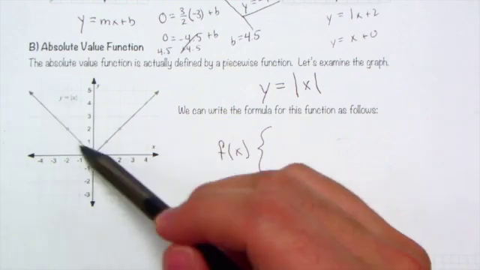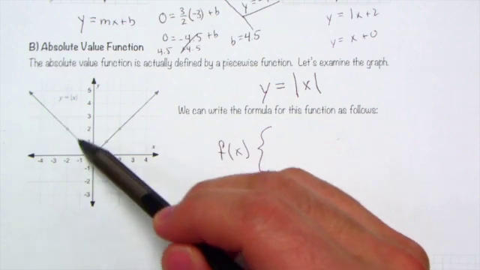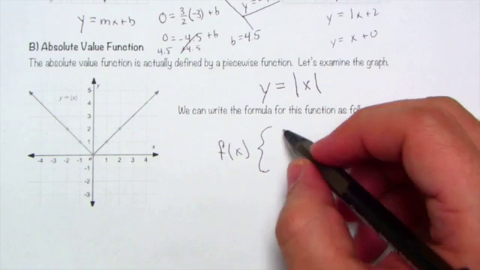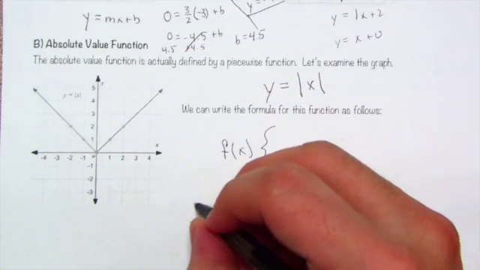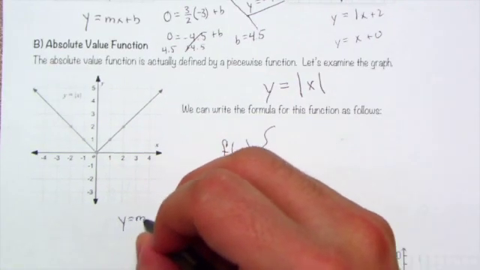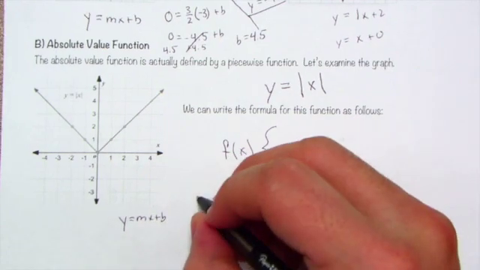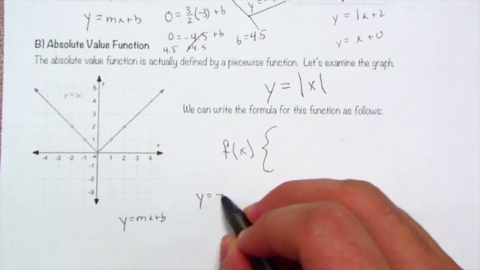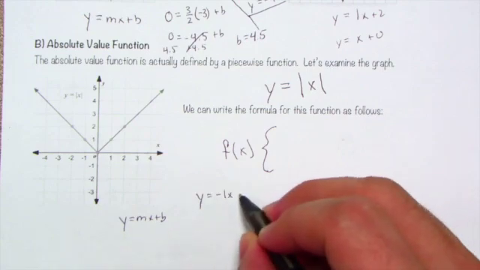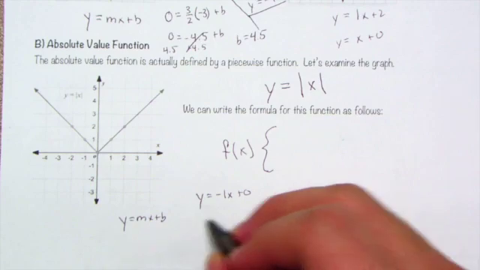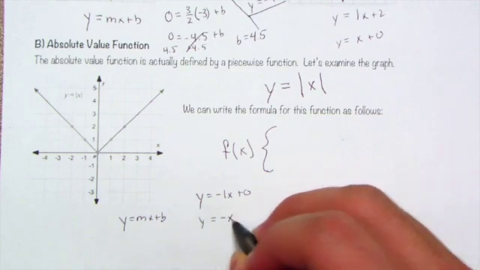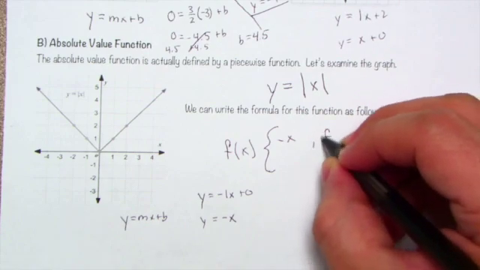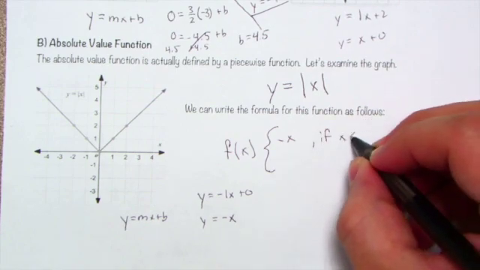Okay, this slope is going down from left to right, so the slope of -1 or -x. So we think about the same formula, y equals mx plus b. This first one is going to be y equals -1x, and the y-intercept is 0. So it'll just be y is -x. The first one's -x if x is less than 0.